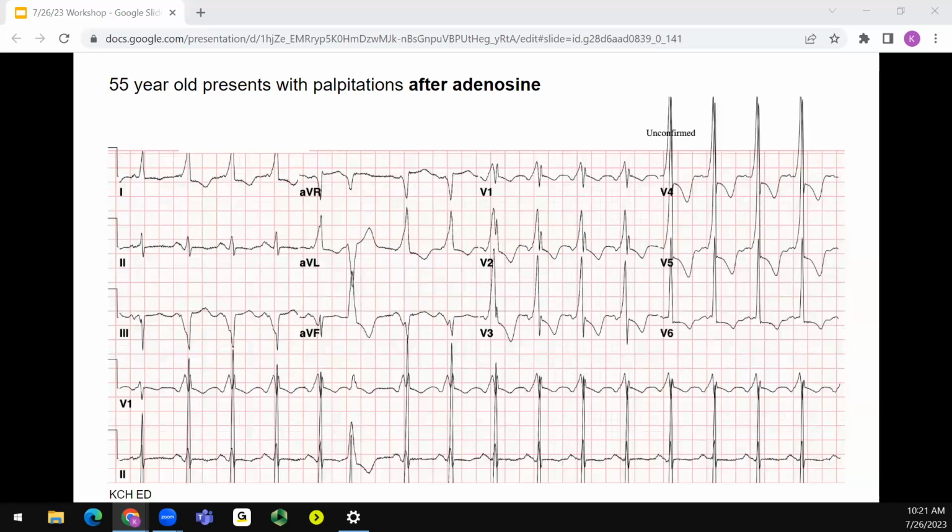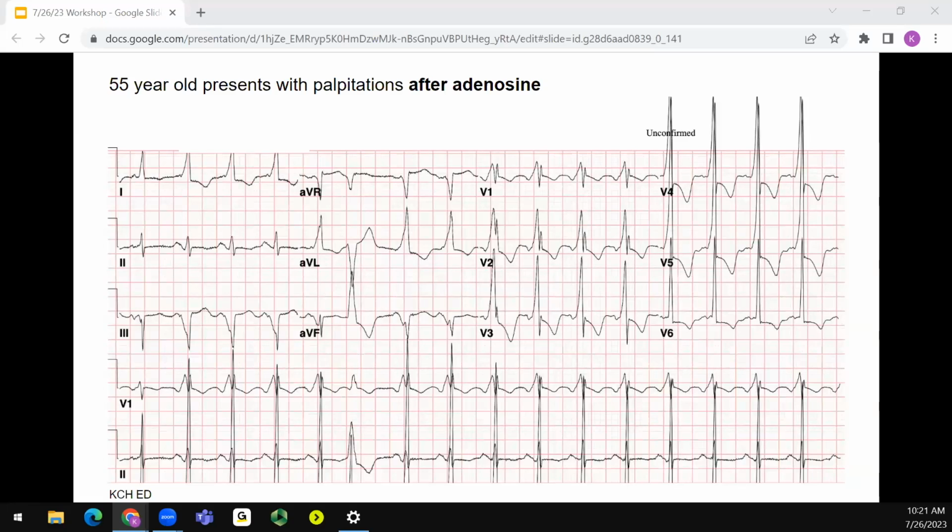But the most common way it's going to go is to look just like any other PSVT, paroxysmal SVT. Especially if it's narrow and regular, you're not going to get into trouble with it. A lot of times you don't even know they have WPW. You break the PSVT and say, oh my God, they have underlying WPW, did I put them at risk?